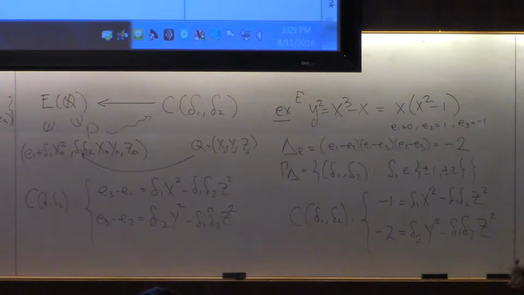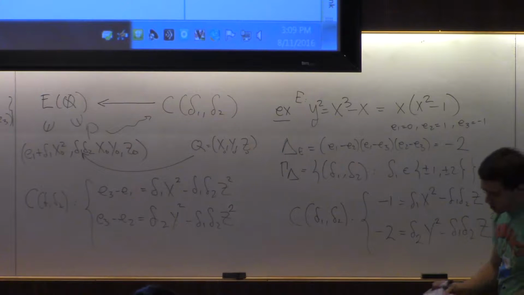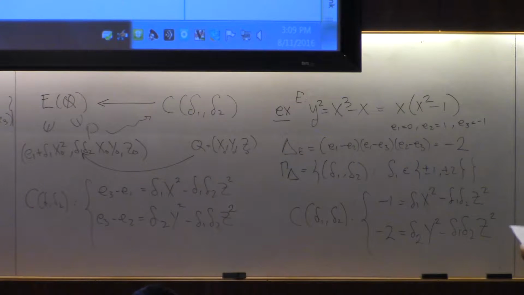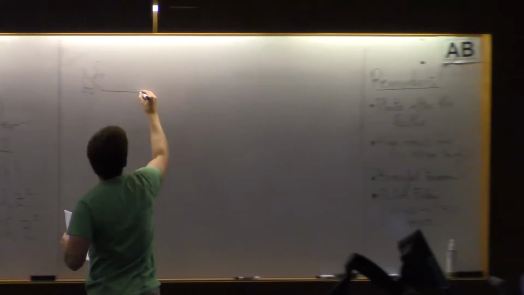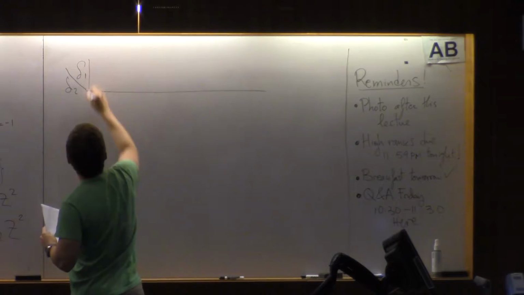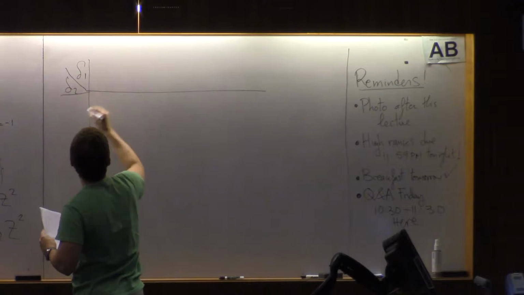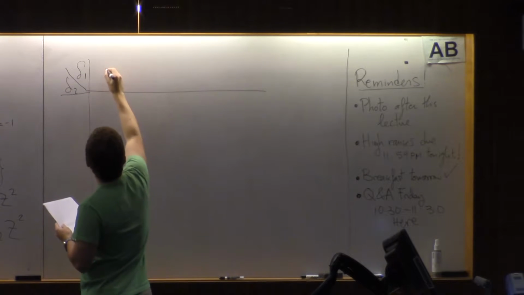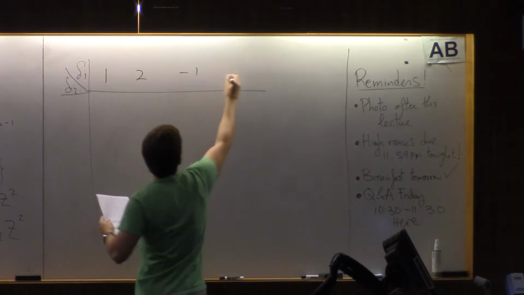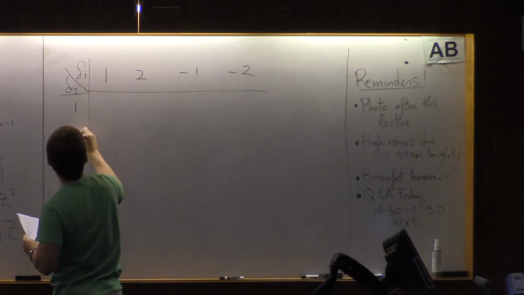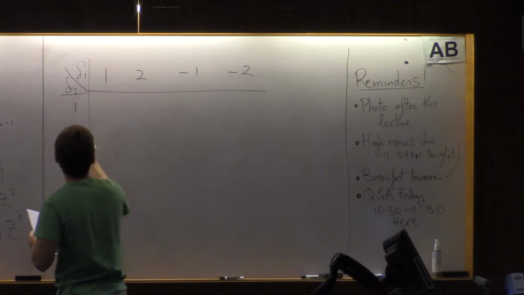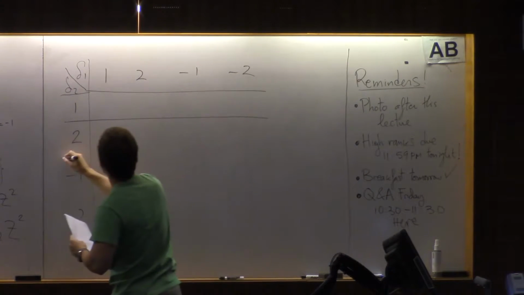There are 16 of them, and I want to find all the points that are there, see what I get. Okay? So what I'm going to do is a table to make sure I don't miss anyone. Okay, so here I'm going to put 1 and 2 and minus 1 and minus 2, and 1 and 2 and minus 1 and minus 2. And look at all of them.